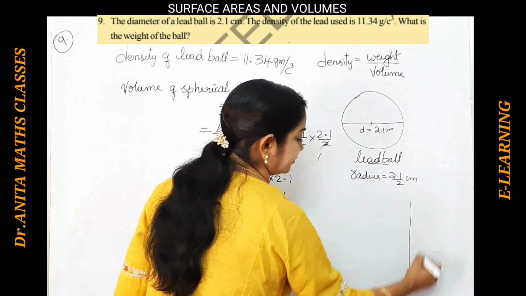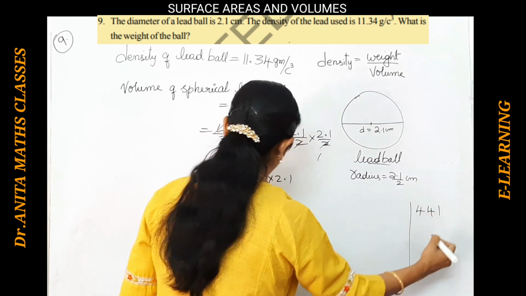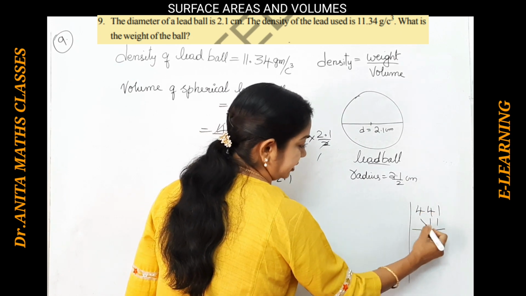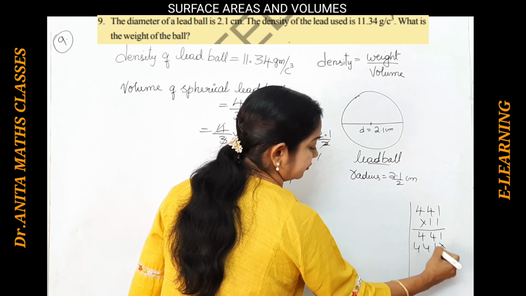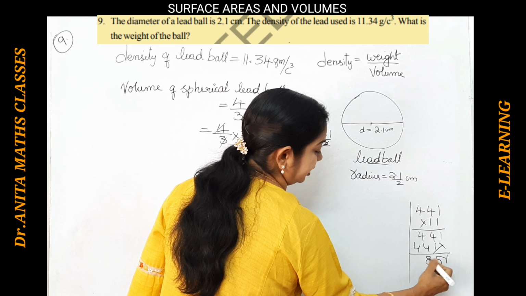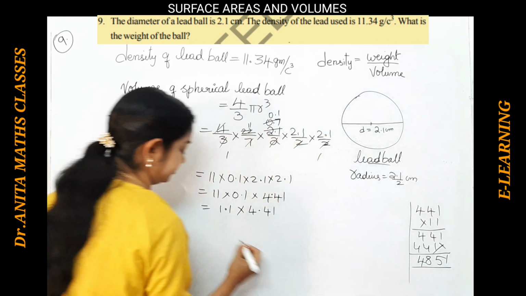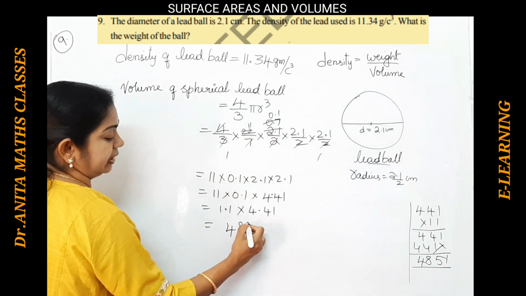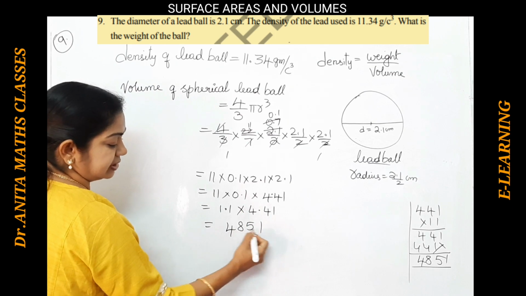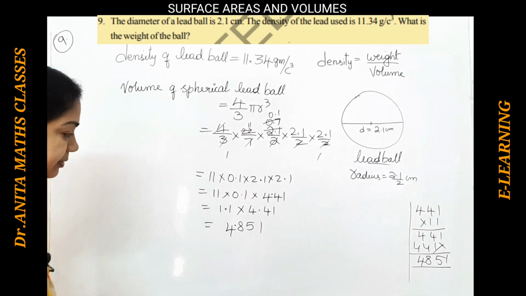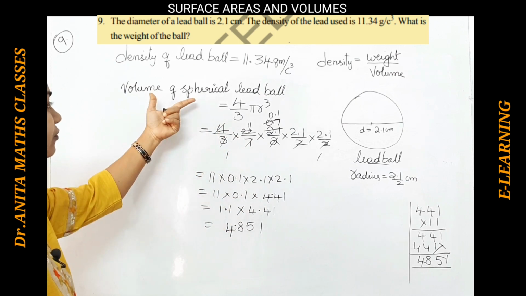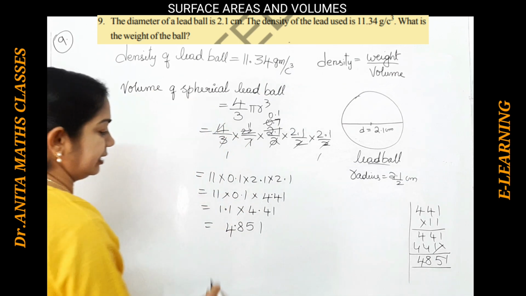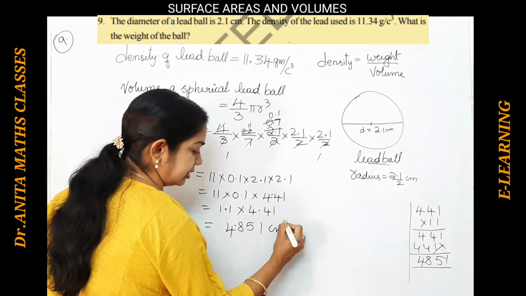Let's multiply 441 by 11, that comes to 4851. After 3 digits put the point, so 4.851. This is the volume of one spherical lead ball, in centimeter cube.